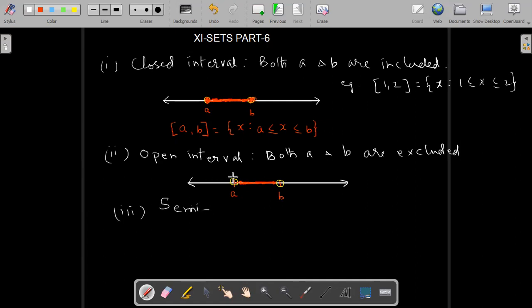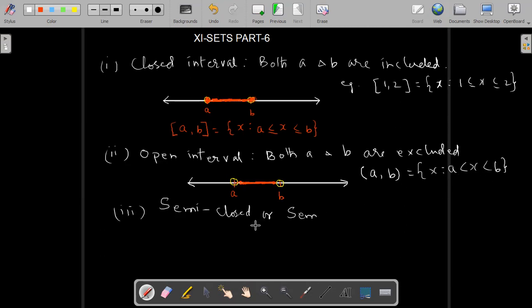For the open interval, both are excluded, so we use these brackets (A, B). These brackets show that A and B are excluded, and it is the set of all x such that x is greater than A and less than B. If there is a less than or equal to, the number is included; if not, it is not included.